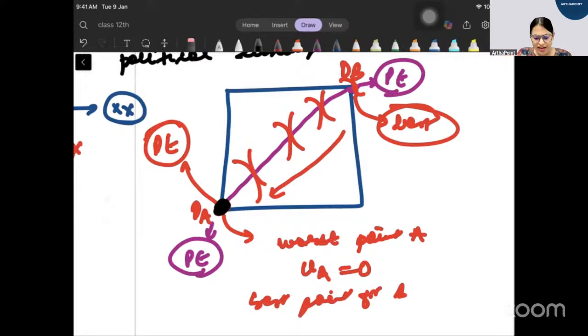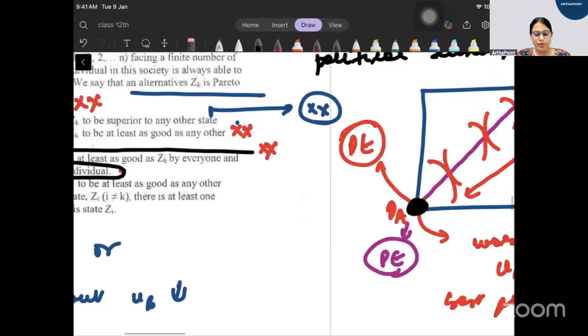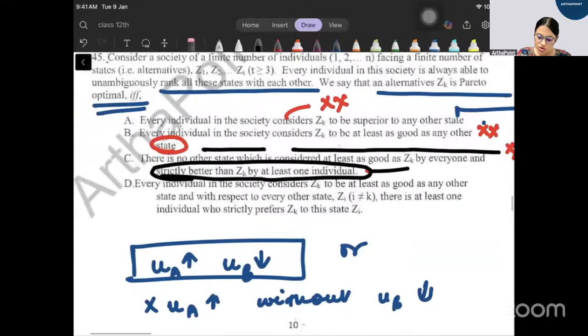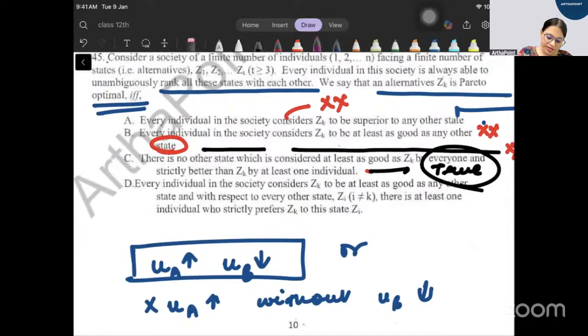Yes, this individual considers this the best point. So this is exactly the definition of Pareto efficiency. So this is true, and the answer will be C. This is the correct definition of Pareto efficiency.